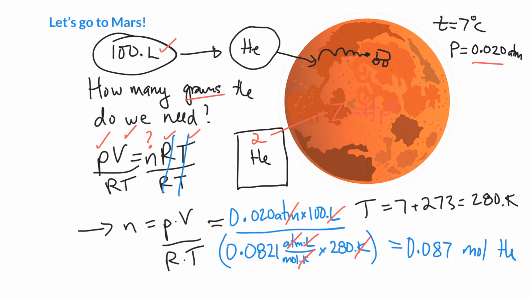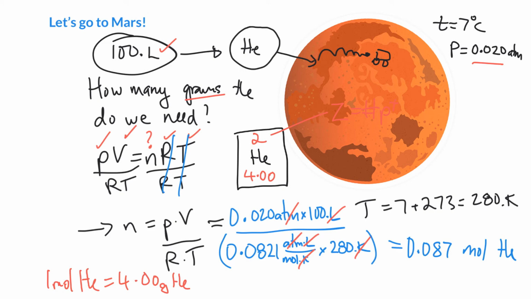Depending on your periodic table, it might have a few more digits, but mine says it's 4.00. So we can use that as a conversion factor, right? We can say 1 mole of helium, if you excuse my writing, weighs 4.00 grams of helium. Its molar mass is 4 grams per mole.